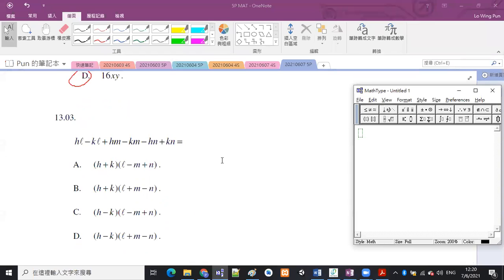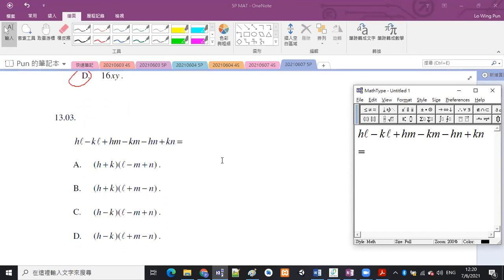So HL minus KL plus HM minus KM minus HN plus KN. We need to do the factorization here, okay?